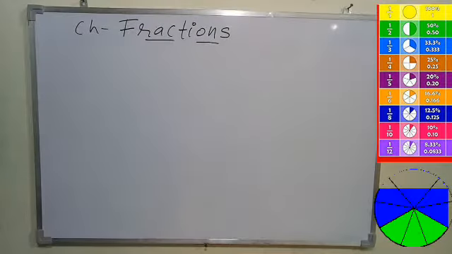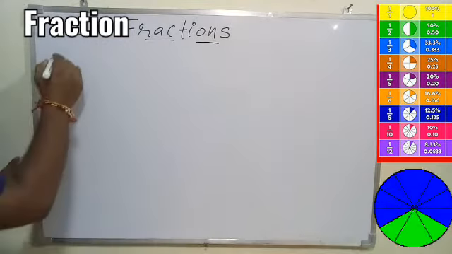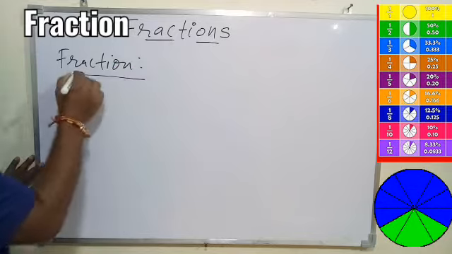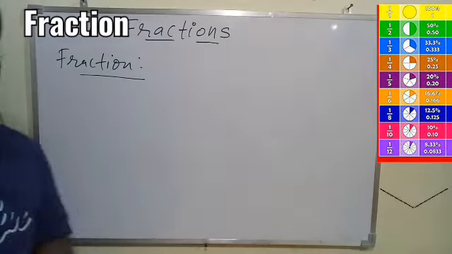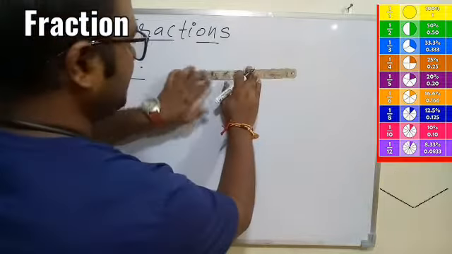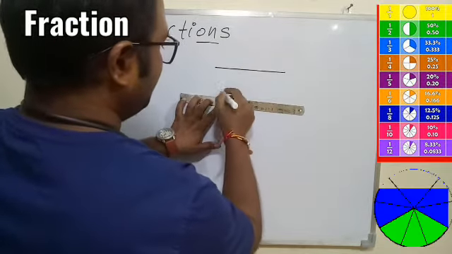And the very first thing we need to understand is the meaning of fraction. So before we understand the meaning of fraction and get a proper definition, let's start with an example that will make us understand the concept properly. So just take an example. We are having one object.